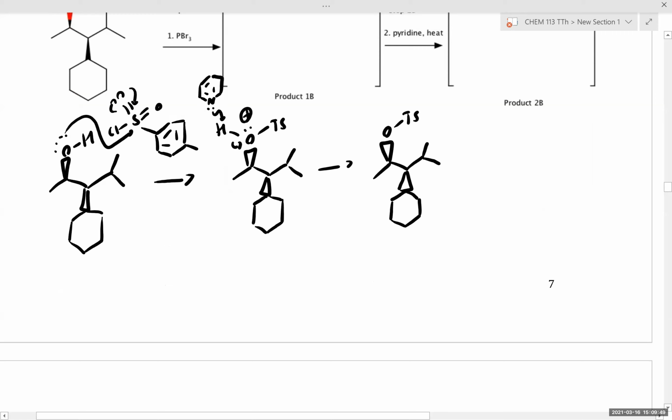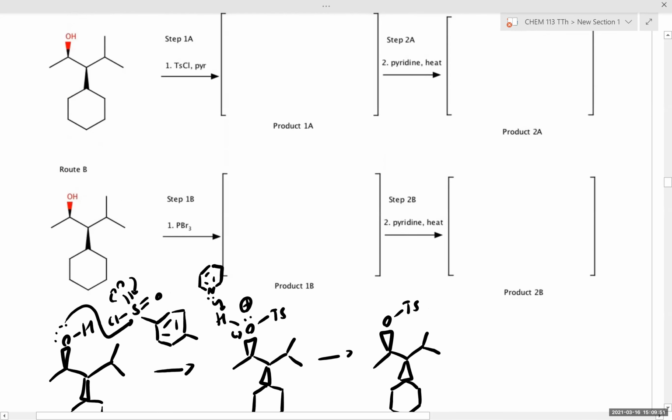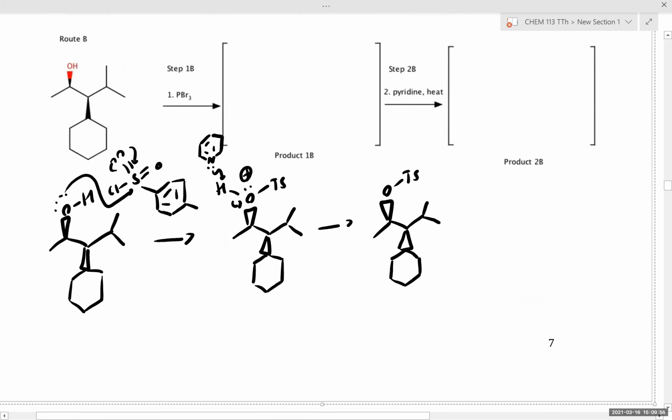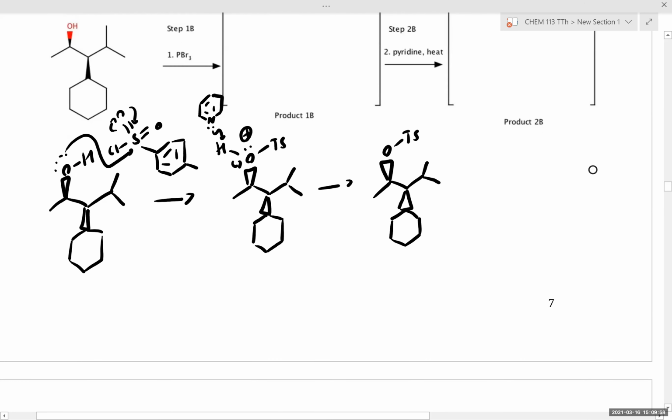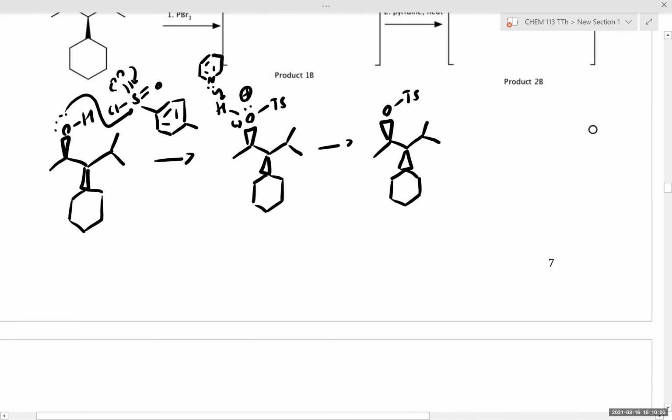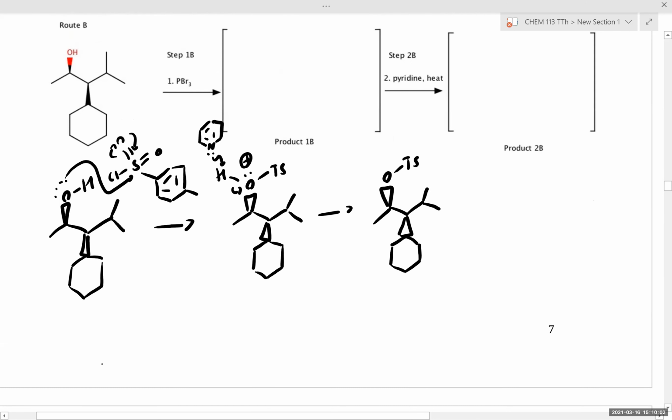Okay, so we've drawn out the product from the first step. Now let's look at a Newman projection. So in this case, for our Newman projection, every group with a wedge will be on the right, dash will be on the left.